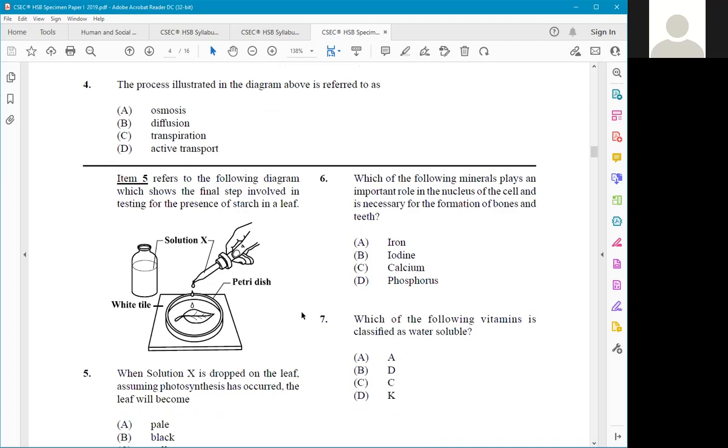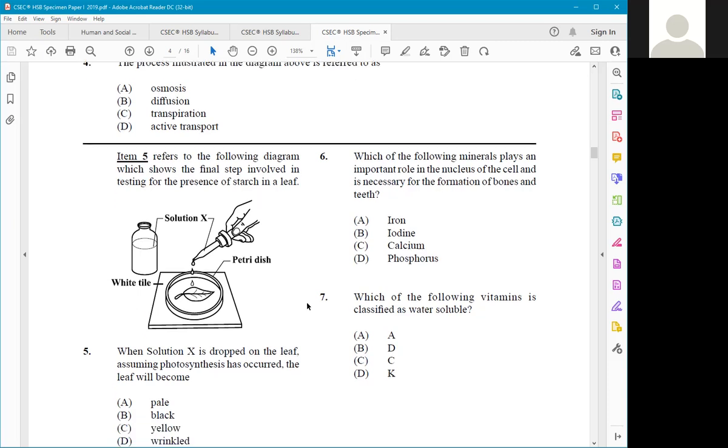Item 5 refers to the following diagram, which shows the final step involved in testing for the presence of starch in a leaf. So let's see. It looks like they drop solution X onto the leaf in a petri dish. The petri dish is on a white tile so that you would be able to see any color change more easily.